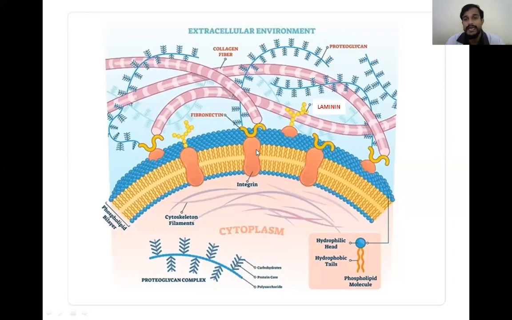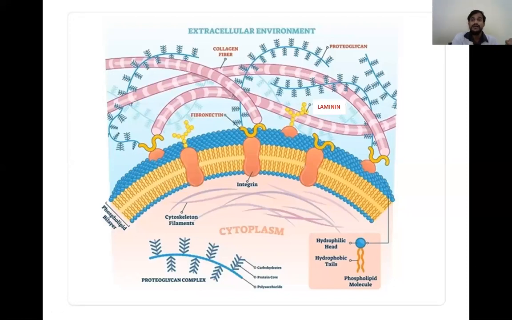So integrin is partly integrated in the plasma membrane, and this is attached to the fibronectin and the laminin. And this fibronectin and laminin will connect the plasma membrane to the components of the extracellular matrix. So this is about the extracellular matrix and components of the extracellular matrix.